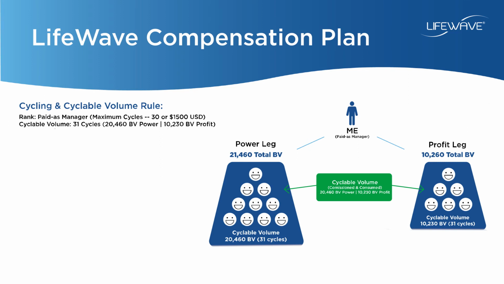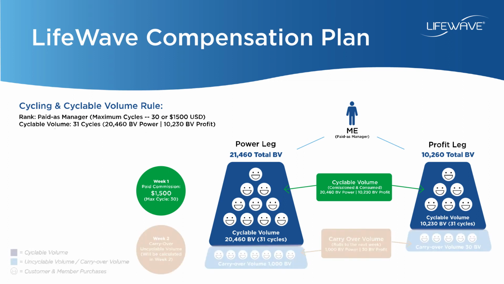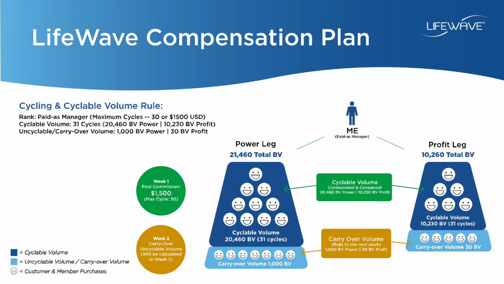That's 1 cycle above what's allowed at their paid as manager rank. At the end of the week, all of those cycles, all 31 cycles, will be processed and consumed. Any volume, as you can see from this particular example, that has not met the ratio is considered carryover volume, and it will go to the next week. I will receive my $1,500 commissions, all of my cyclable volume will have been consumed, and then my carryover volume will flow to the next week for me.